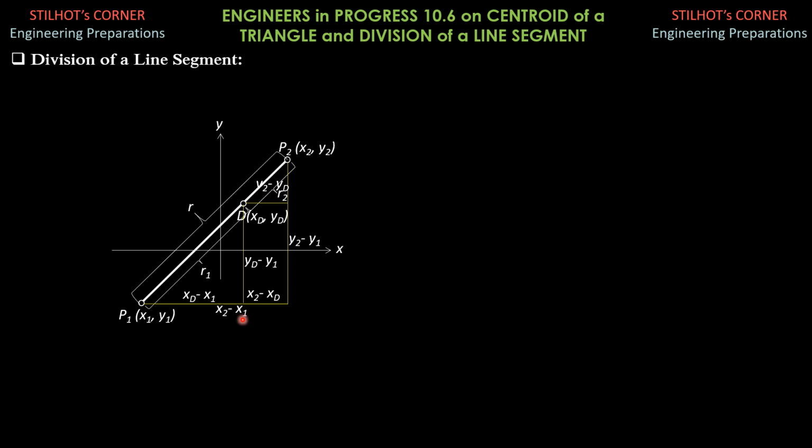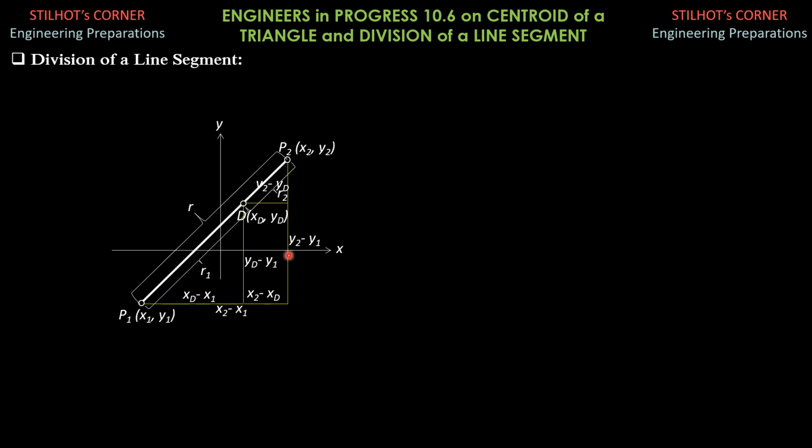Then for the y component, this vertical distance is y coordinate of the upper minus y coordinate of the lower point y1. So yD minus y1. This projection of P2 is y2 minus yD, and for the entire distance P1 to P2, it is y2 minus y1.